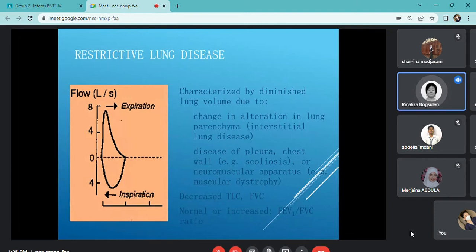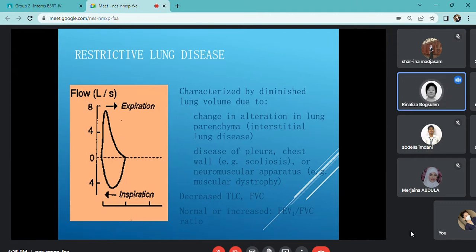With regards to the parameters, the hallmark of restriction is FVC. So once you see that the FVC is decreased, automatically that is restriction. All lung volumes and capacities are decreased, restriction yan. And then, how about your FEV1 over FVC ratio? It can be normal or increased.